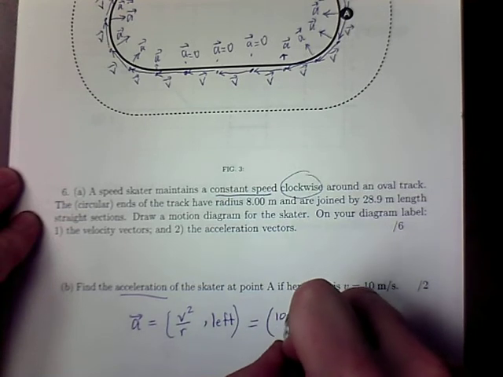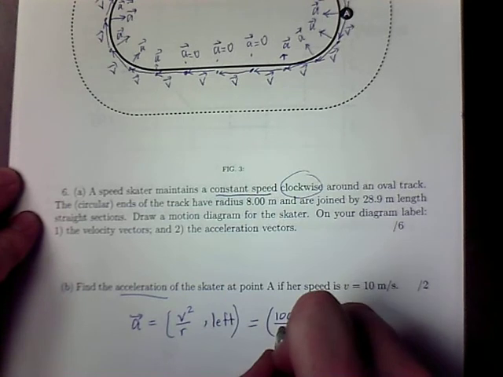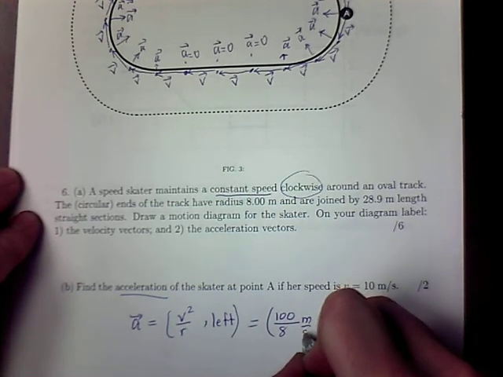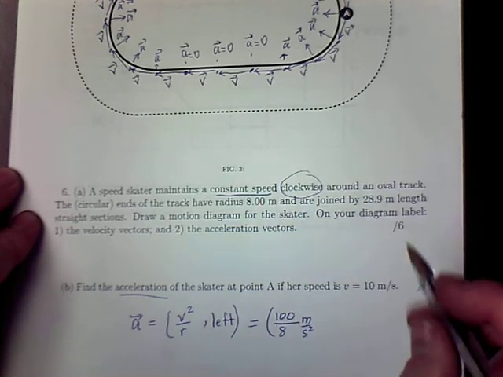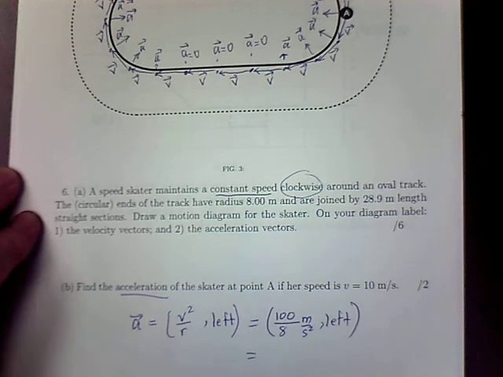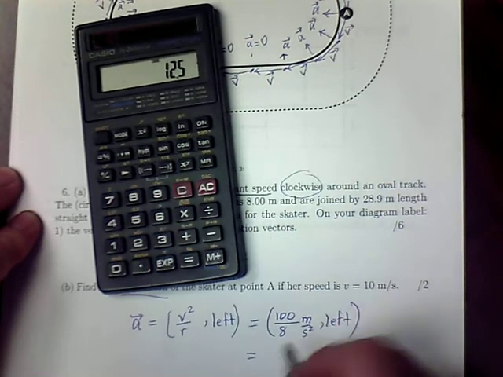So let's put in our value of 10 squared, divide that by 8, and this will be in meters per second squared since this is both in SI units. And 100 divided by 8 gives us 12.5.